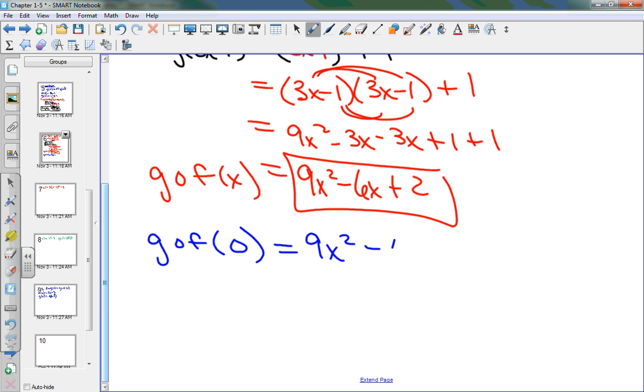Well, here is my function, and I'm going to plug in a 0 every place I see an x. Do we understand that? So if it had a 0 in there the whole time, you still do all that same stuff you just did.